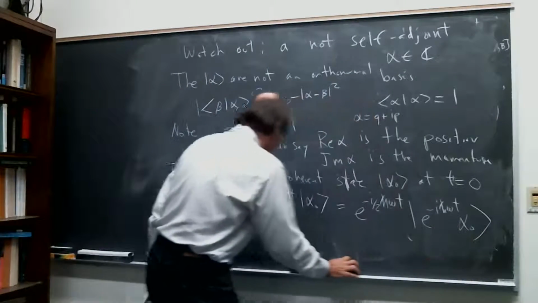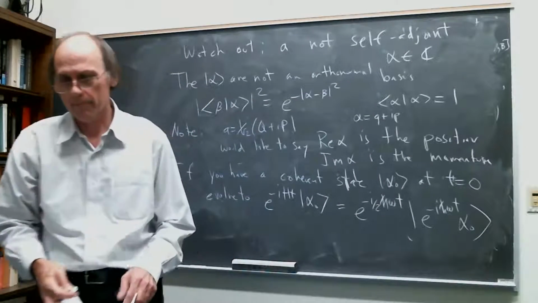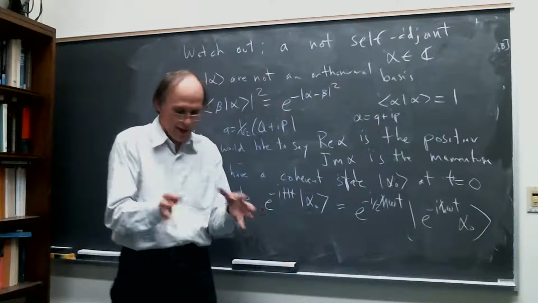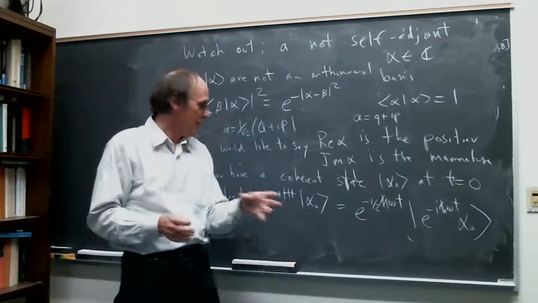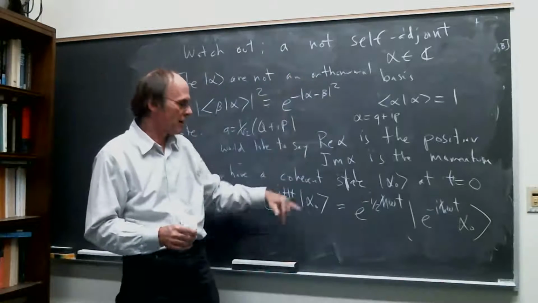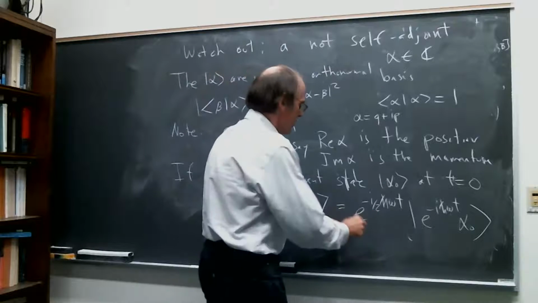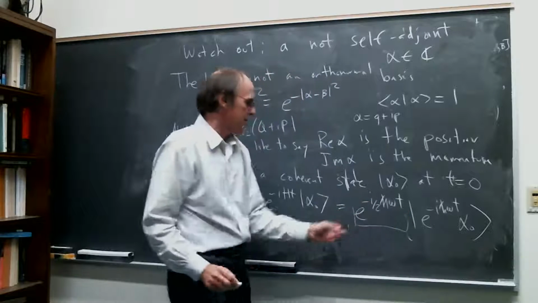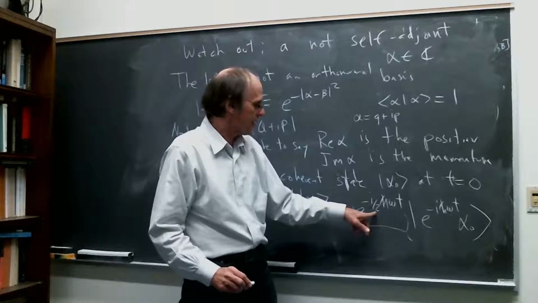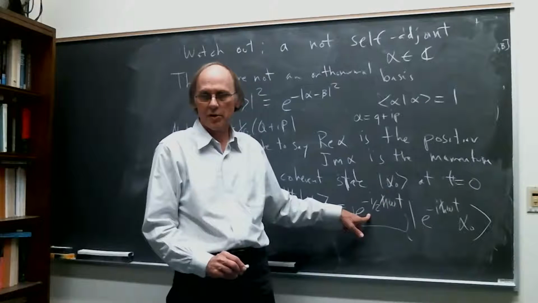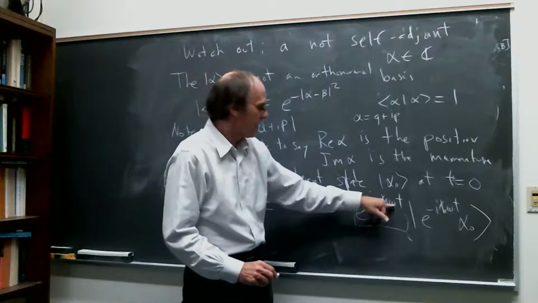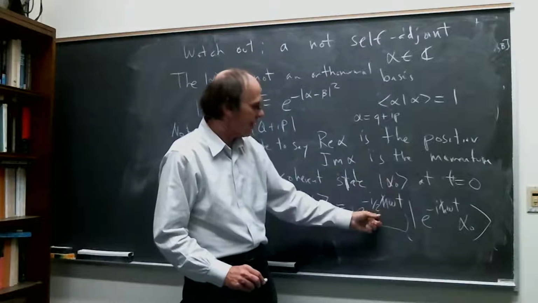So if you start out with a coherent state at a fixed time, the way it evolves under this harmonic oscillator Hamiltonian is that it picks up a phase proportional to the time, which is not interesting. This corresponds to that weird half of the ground state energy, so that's not so interesting.